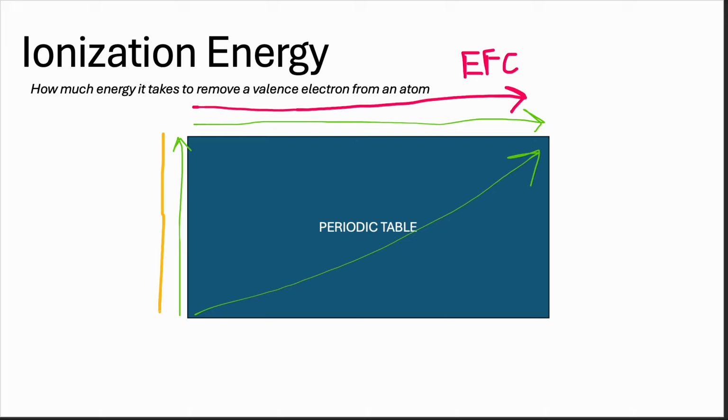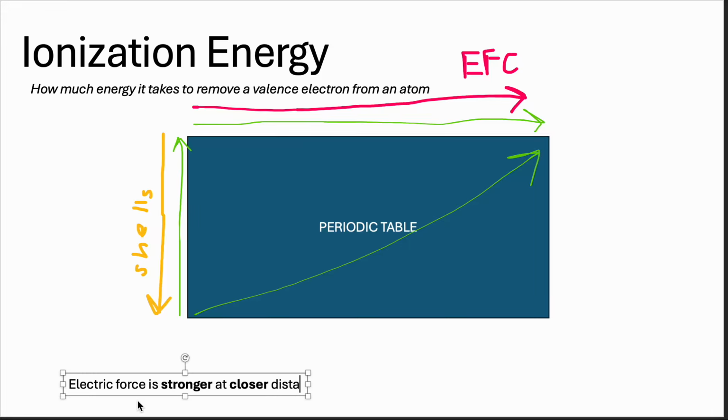And what about the number of electron shells? Well, here I have to understand something really important, which is that the electric force is stronger at closer distances. And so when I think about these arrows, I see that when I have less shells, so when I'm a smaller atom, my ionization energy is bigger.